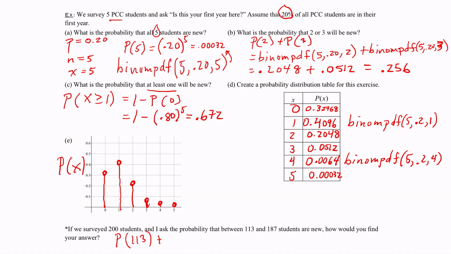The probability that exactly 113 plus the probability that exactly 114 plus the probability of 115, and so on, all the way out to the probability that exactly 187 were new. That would take a long time because that's a lot of values to compute with the formula. But luckily we can use the cumulative distribution function on our calculator to do that for us very rapidly.